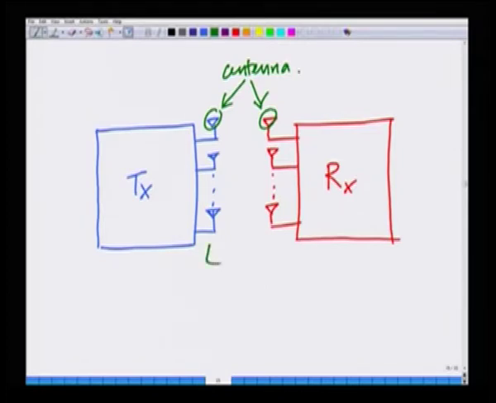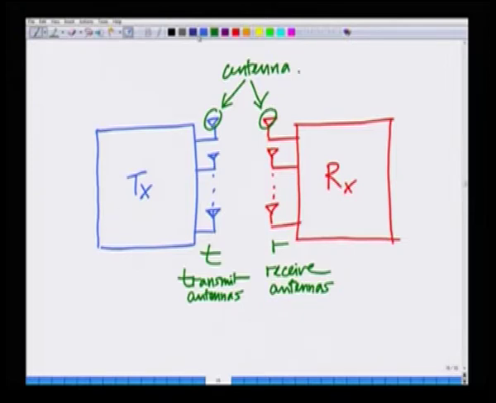I will call the number of transmit antennas T. So, there are T transmit antennas, and there are R receive antennas.